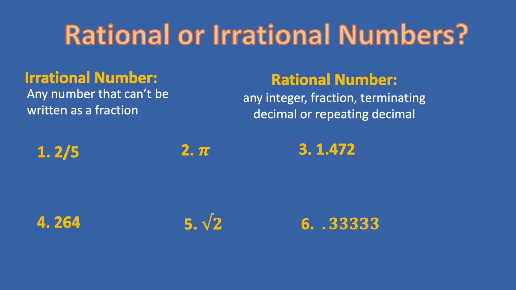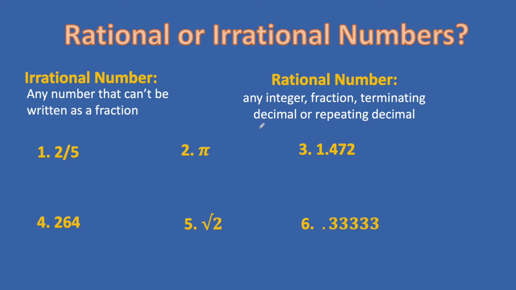So let's start off by talking about what an irrational number is. As a review, a rational number is any integer, fraction, terminating decimal, or repeating decimal.